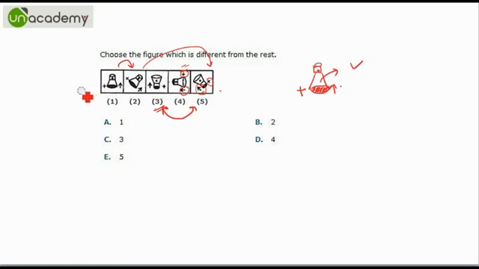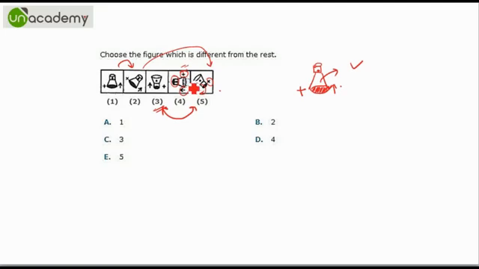So let us try to look for something else now. We try to look for the position of dot and this shaded region. These are in two different parts of the figure, and in the same part, like the dot and the shaded region are in the same part in this figure, and in this figure they are in the different part.